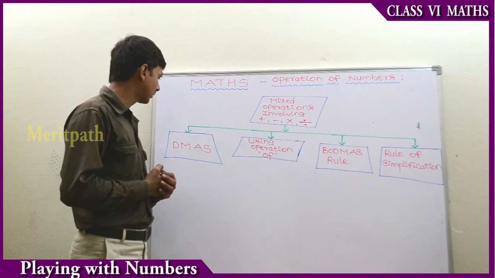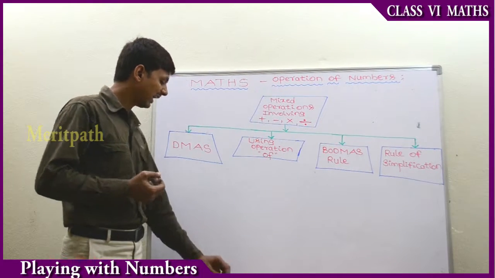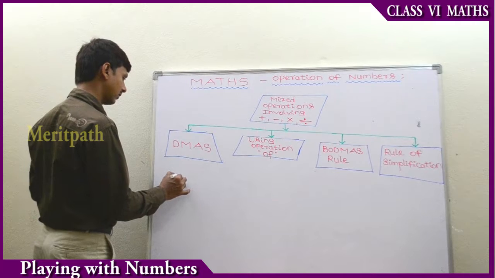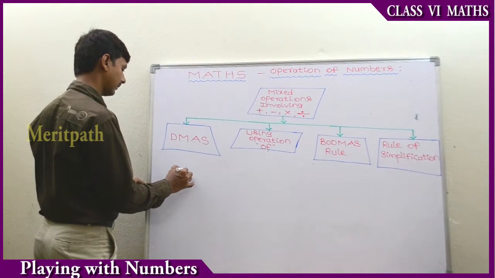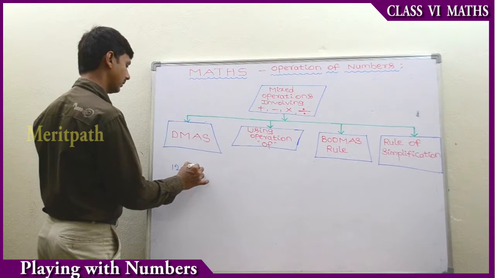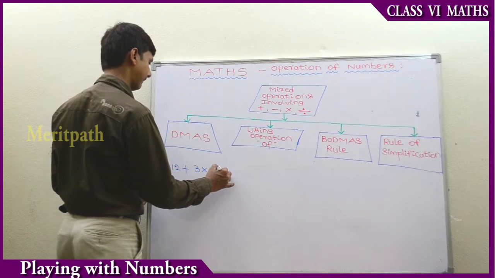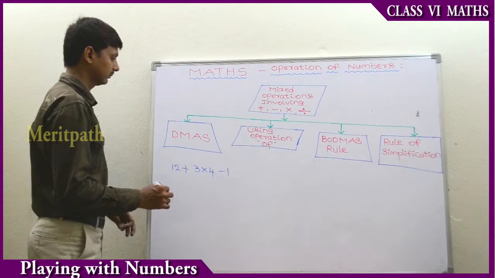First, let us see the expression. It is in the form of 12 plus 3 into 4 minus 1.